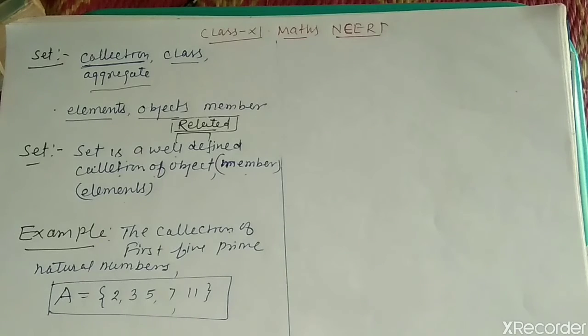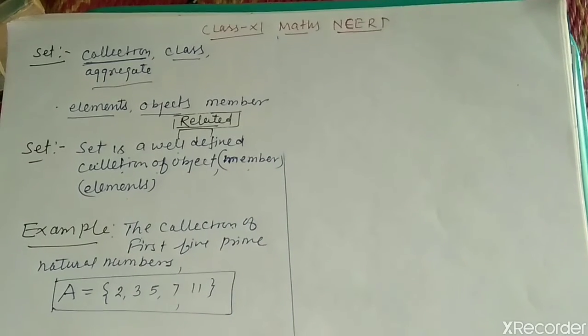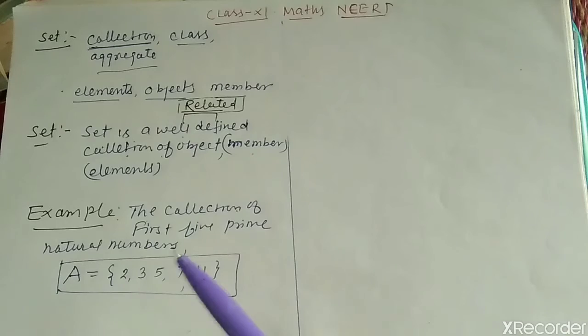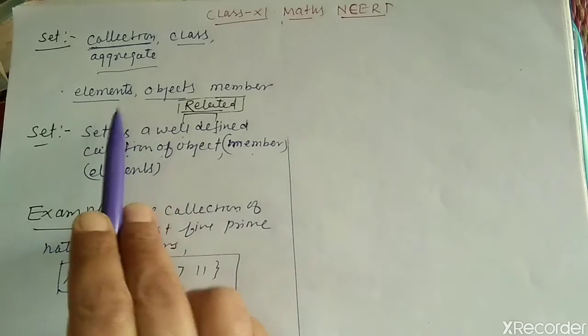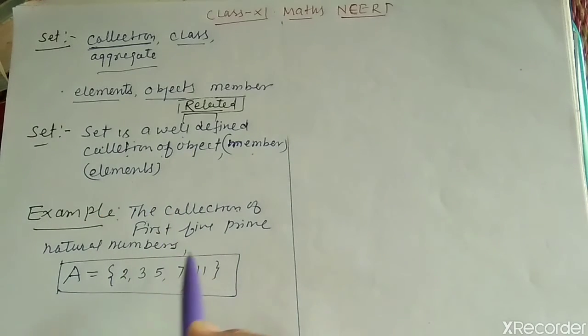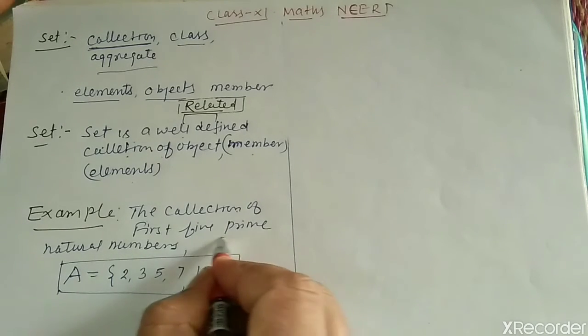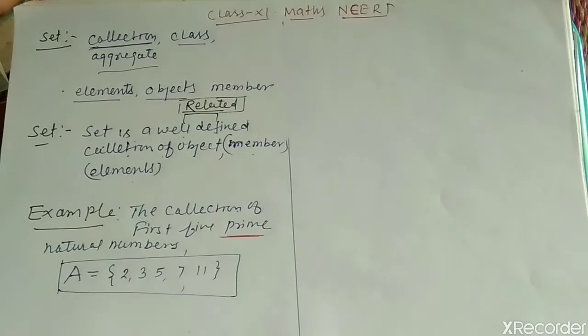So, this is called a set. So, set is what? Set is a collection of well defined objects. Now the question is, what is well defined in this one? How can we say it is a set? Because first of all they all are related, that they are prime numbers, clear.